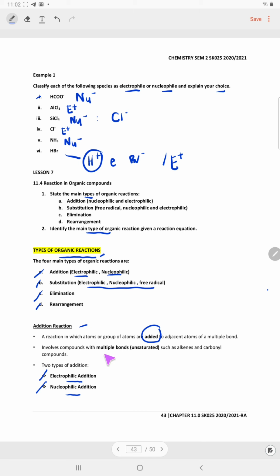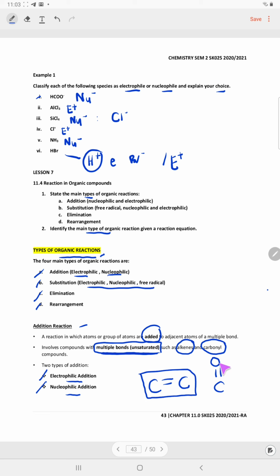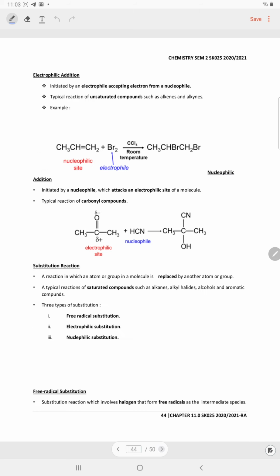So, according to the site of chemical reaction on the organic compound, you must identify the presence of a multiple bond, either the carbon-carbon double bond of an alkene, or a carbonyl compound, which is C double bond O, or C double bond C. Remember, if the reaction is an addition, you must find that the organic compound has either a carbon-carbon double bond or a carbon double bond O.